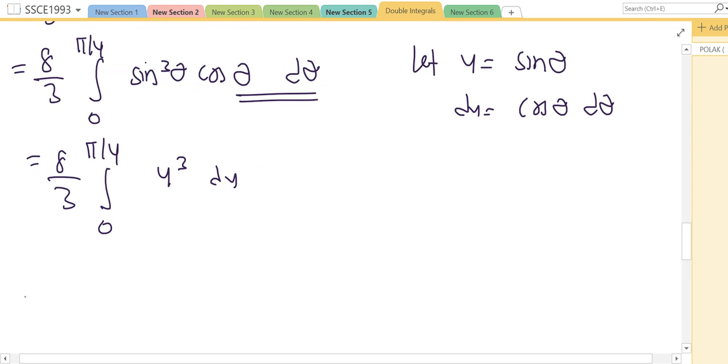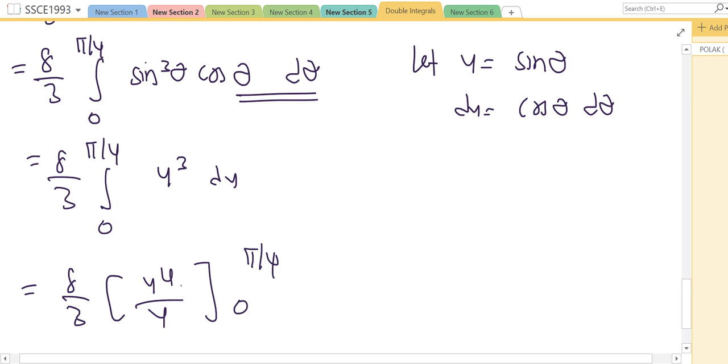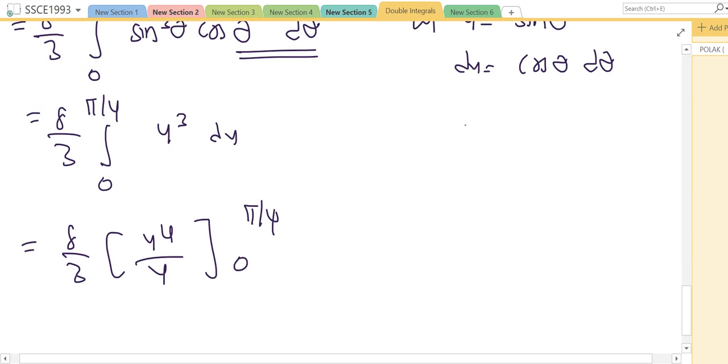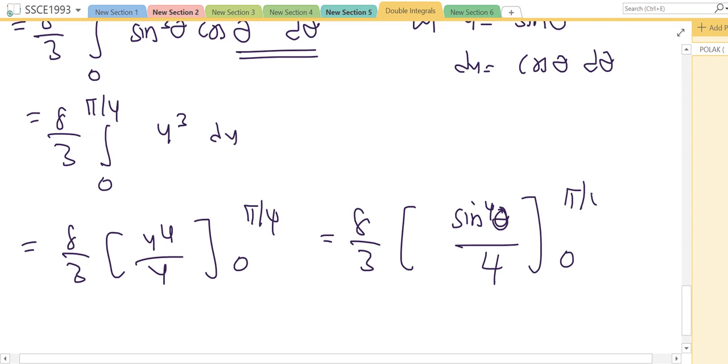Now it's easy to integrate. We get 8 over 3 times u to the power of 4 divided by 4, from 0 to pi over 4. Before you substitute the values of the limits, make sure that you substitute back the term of u. So we get 8 over 3 times sine to the power of 4 of theta divided by 4, from 0 to pi over 4.